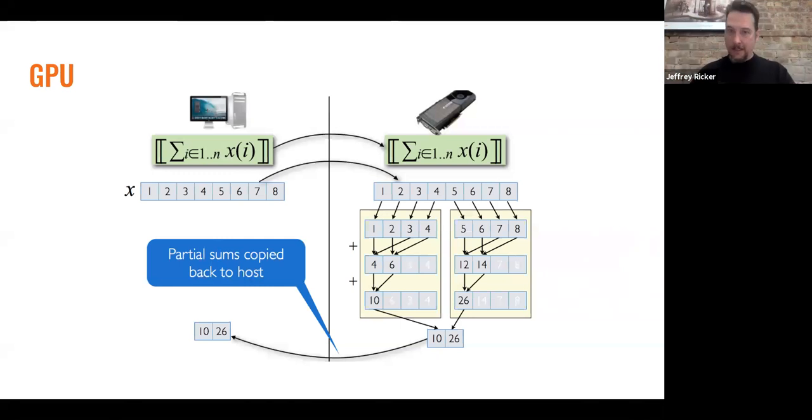It runs it, and then it hands back a value or an array back to your code that's running in the CPU through that kernel API. Make sense?